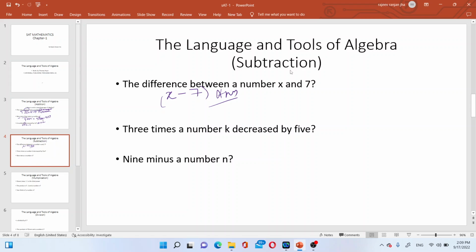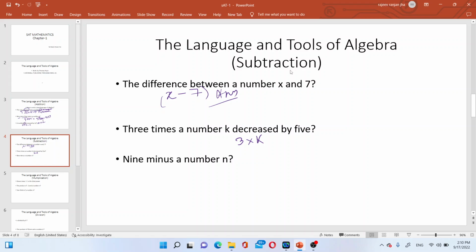3 times a number k decreased by 5. I'm just taking a pause of 2-3 seconds. Then you first try and then we'll see. Okay. So first we go 3 times a number k. 3 multiplied by k.